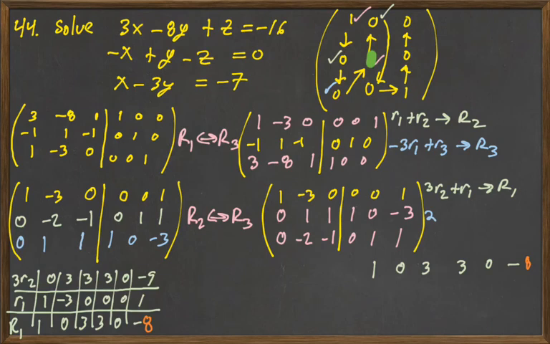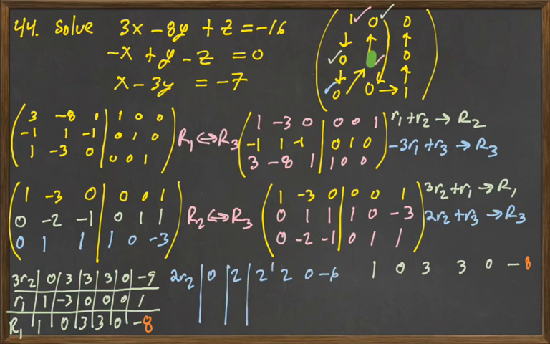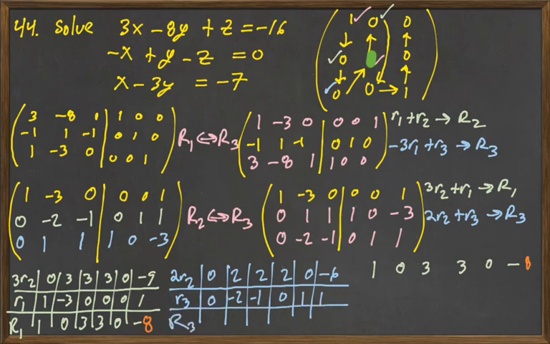Okay. Now we'd like to make a 0 here. That is in column 2, so we'll use row 2. Okay, the opposite of negative 2 is positive 2, so we'll do 2 row 2 plus row 3, and that'll replace row 3. So 2 row 2 will be 0, 2, 2, 2, 0, minus 6. Row 3, and your new row 3 will be 0, 0, 1, 2, 1, and negative 5.